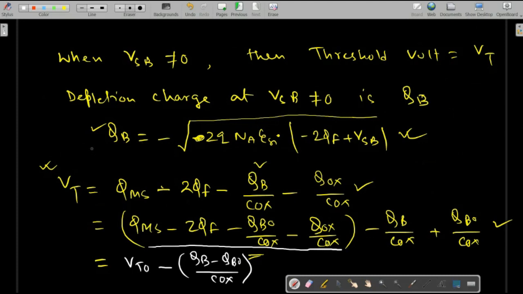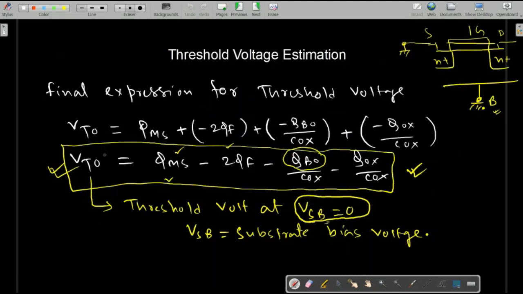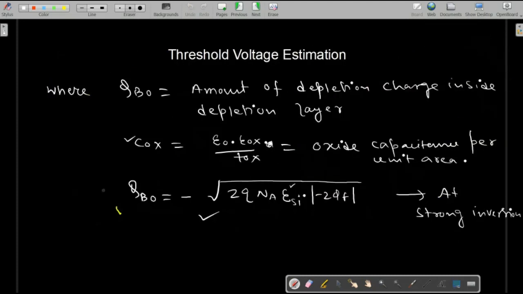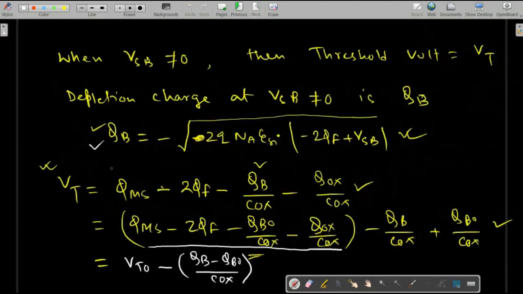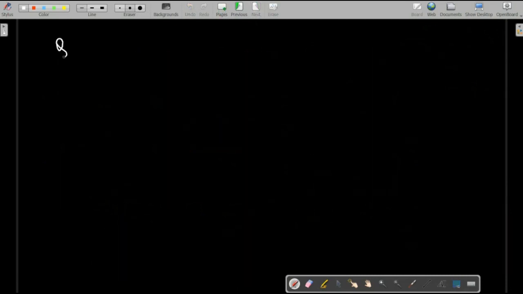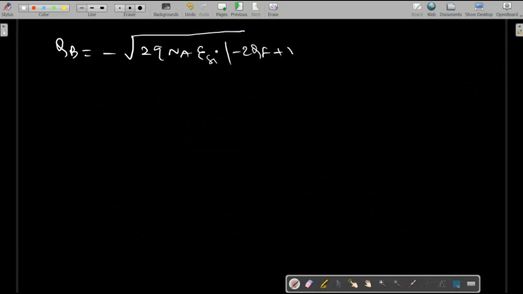We have the QB expression, this one. We have the QB0 expression, this one. So can we simplify this term, QB minus QB0 by COX? So let us see. We have QB equal to minus of root of 2QNA epsilon SI minus 2 phi A plus VSB.